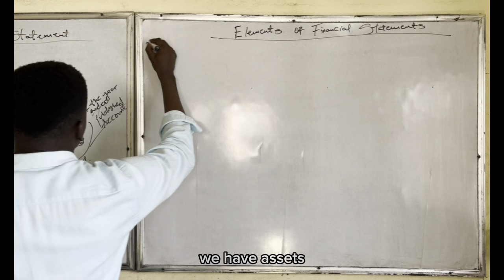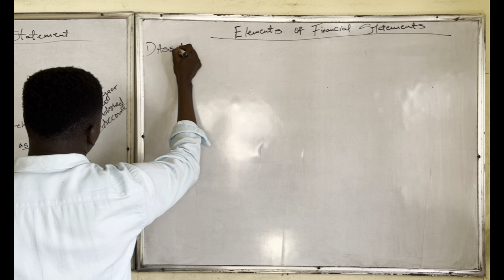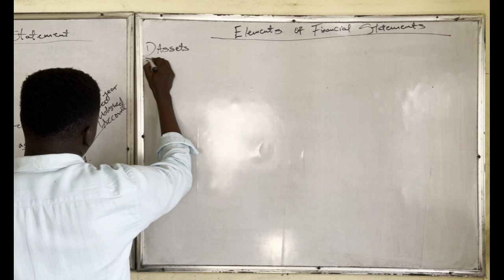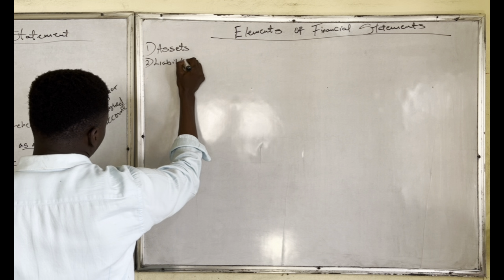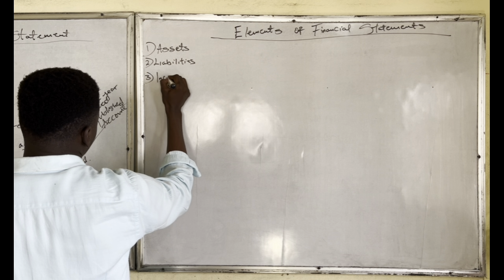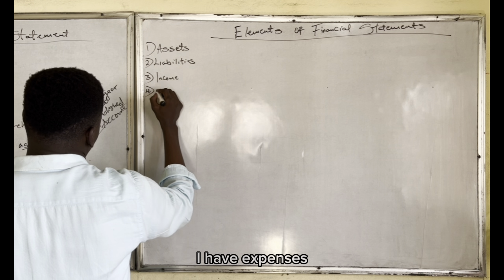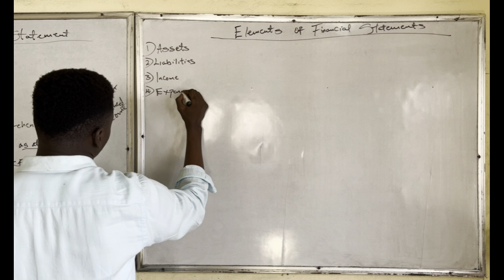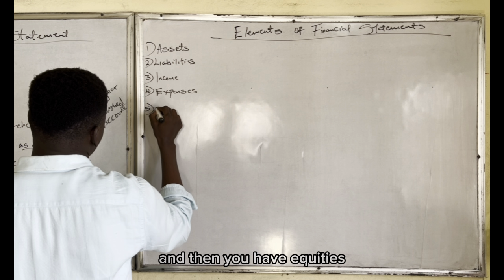We have assets. I know so many of us have heard about assets before. We have liabilities. We have income. We have expenses. And then we have equities.